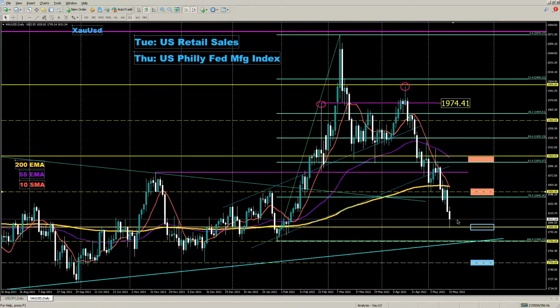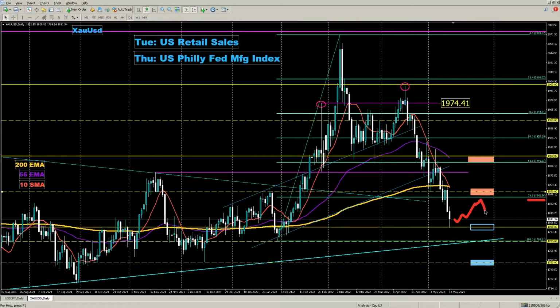So we'll see whether it's able to recover somewhat at the beginning of the week and attempt to climb up a bit. Let's see how much it can recover. That's a key resistance zone there.